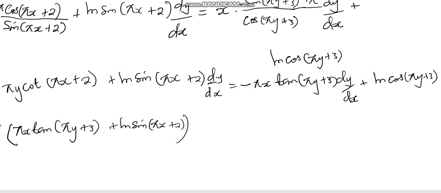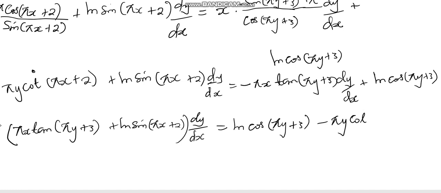Then we factor out what's common, which is dy/dx, being equal to, then when we bring this term to the other side it's going to be negative, so we have ln(cos(πy + 3)) minus πy cot(πx + 2).